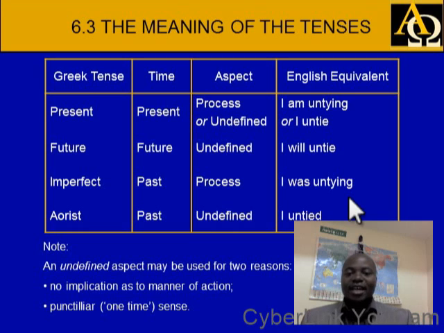The imperfect is past time, and the aspect is process. I was untying, so it's something happening in the past, but it's happening as a process in the past. And then aorist is past tense, the aspect is undefined, so it's I untied.